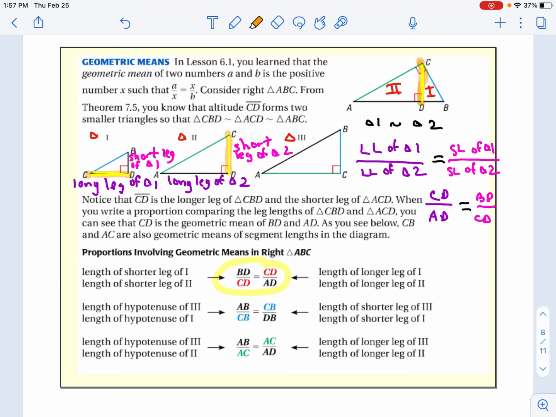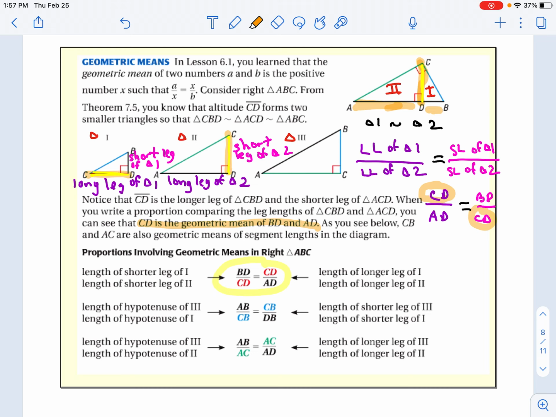Now if I use the letters that correspond, I would get CD over AD is equal to BD over CD. Notice that these are the same. So that means CD is the geometric mean of BD and AD.